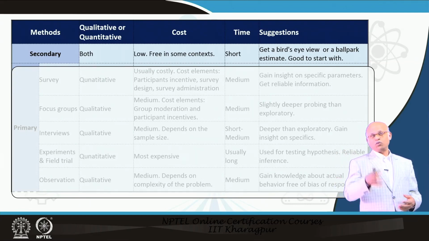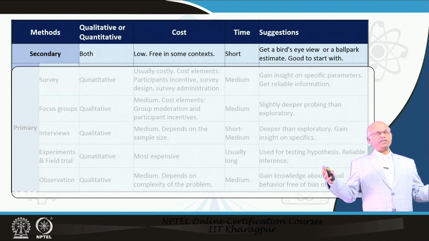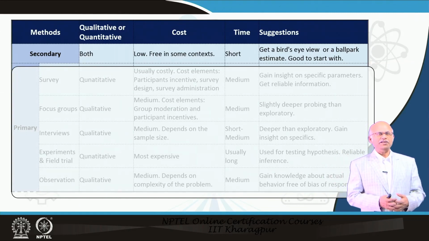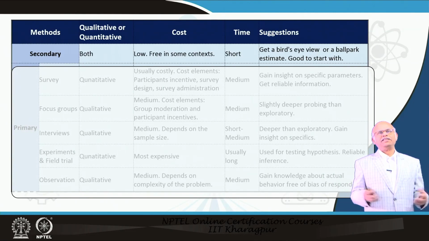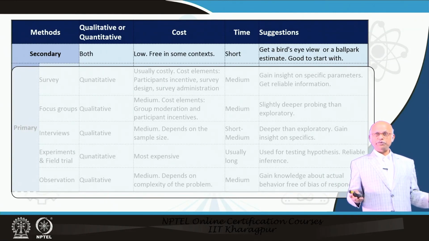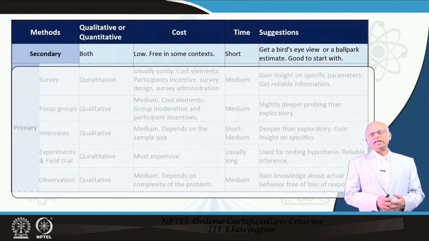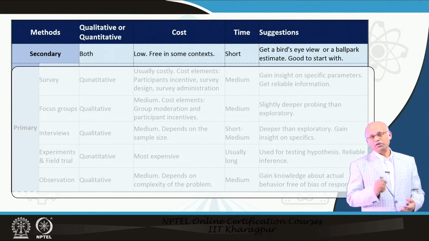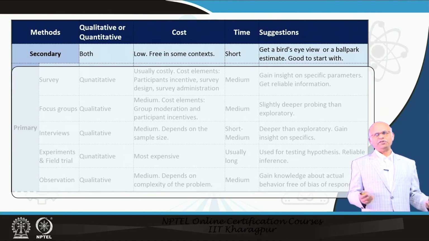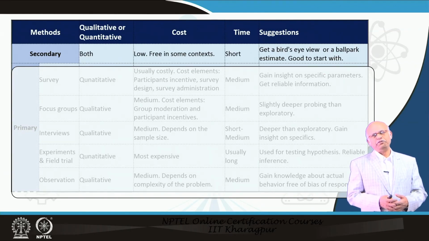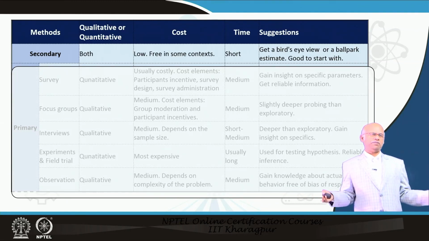So, it will be quantitative, but if some data is not really objective but subjective, that is qualitative. Cost will most likely be low, and time will be very short, because somebody is going to pull something from the computer and give it to you. It will give you a bird's eye view or some ballpark estimate of a situation.